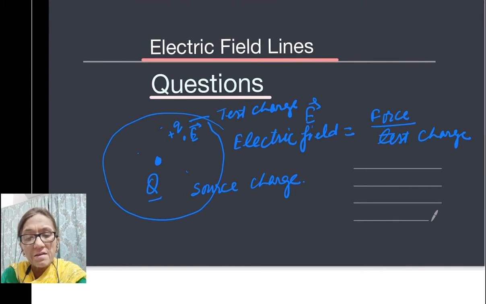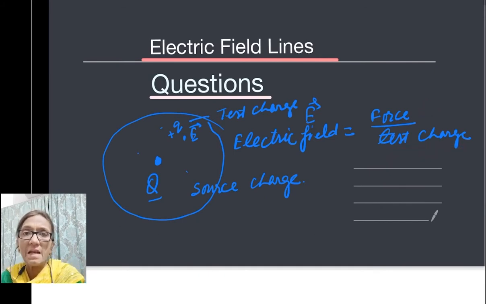Electric field, or the strength of this electrical atmosphere at any point, is tested by another charge that is called a test charge. The strength of electric field at this very point is given by the force the charge is experiencing, so that force divided by test charge.